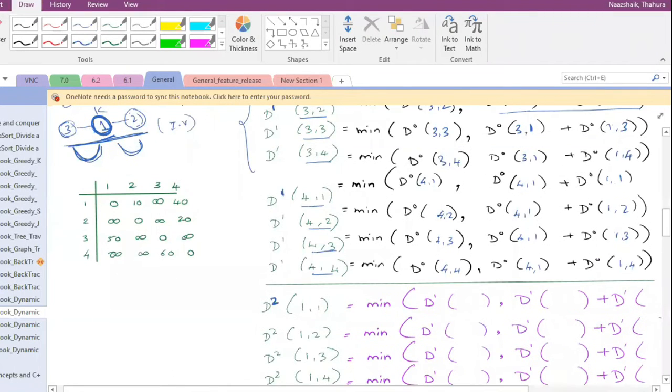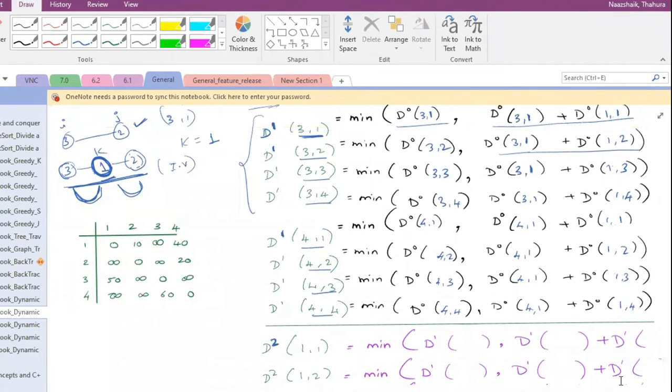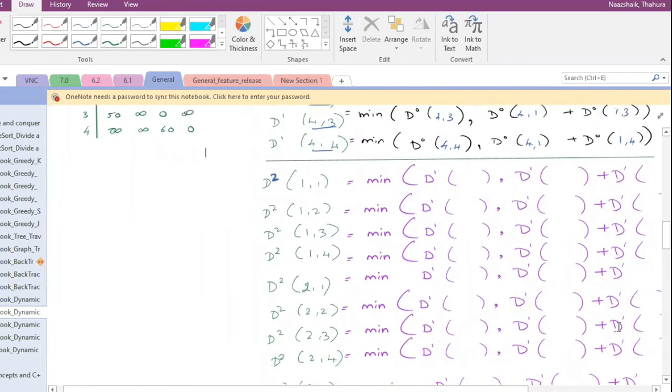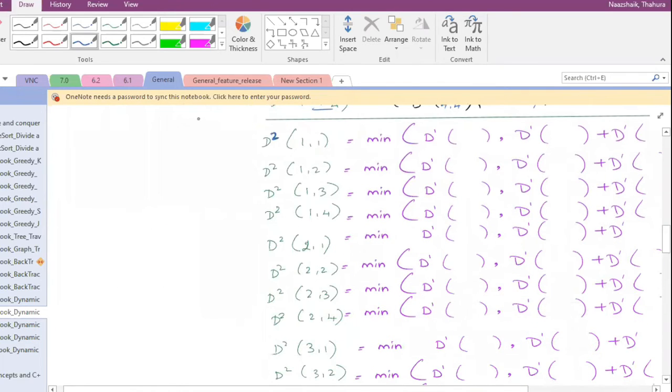Okay. So we will first populate it and then maybe we can solve. Okay. So now we are done with 1 as intermediate vertex. We finished this. Now we need to try this with D2. D2 means 2 is my intermediate vertex. Like for example, this one, I can go from 1 to 1 directly. 1 to 1 is nothing but a loop, but for understanding, let me take some other example.